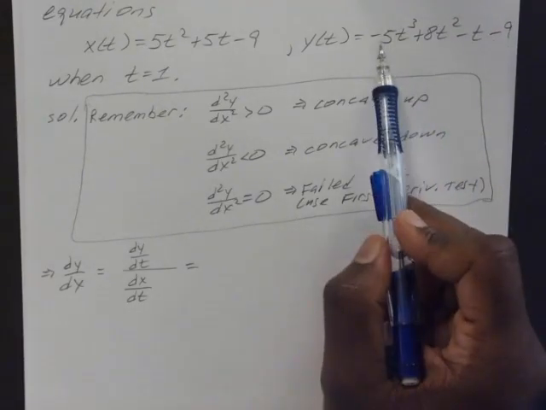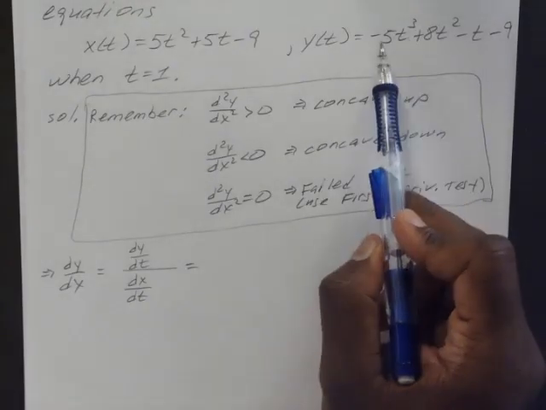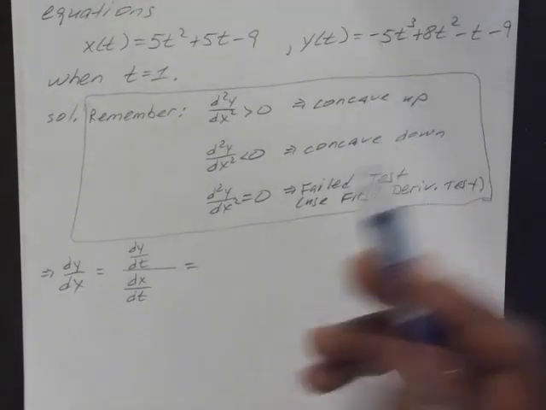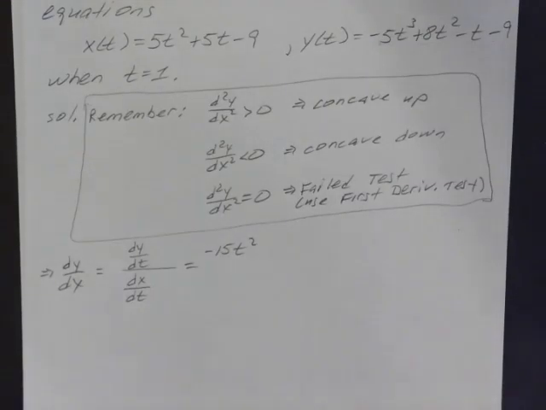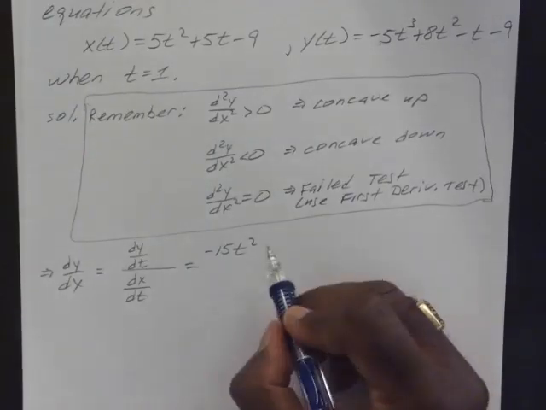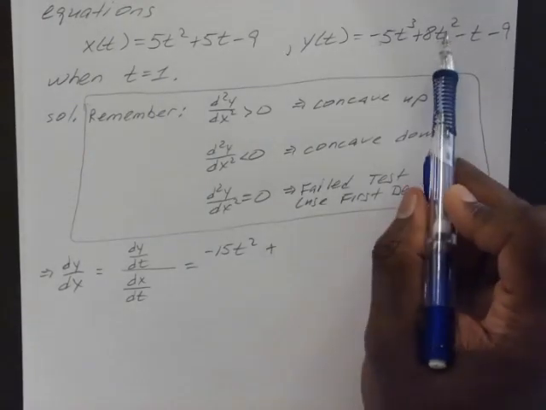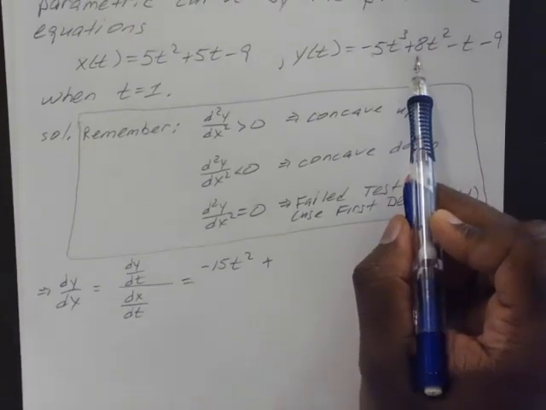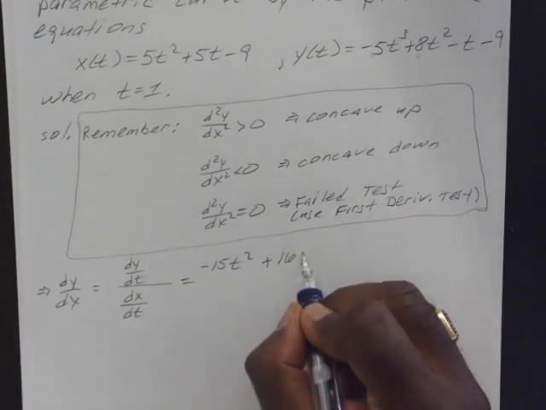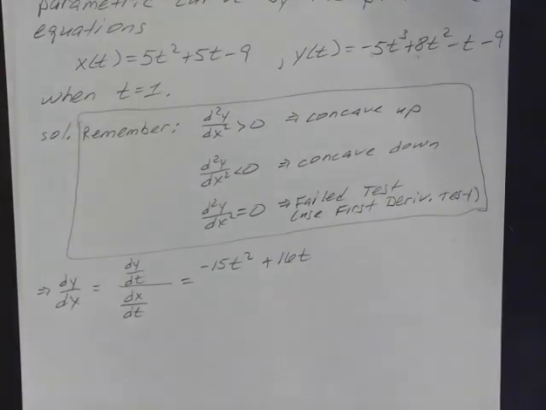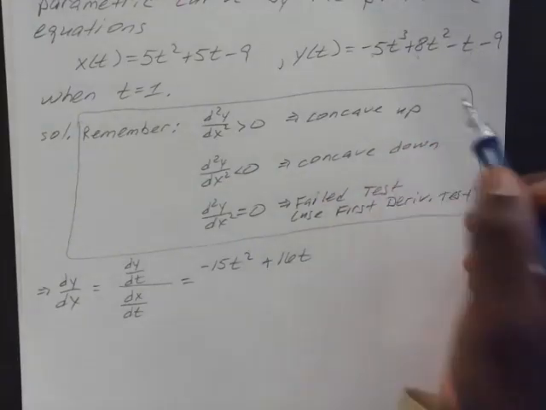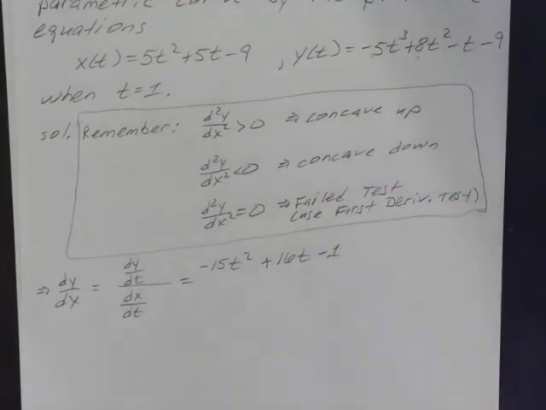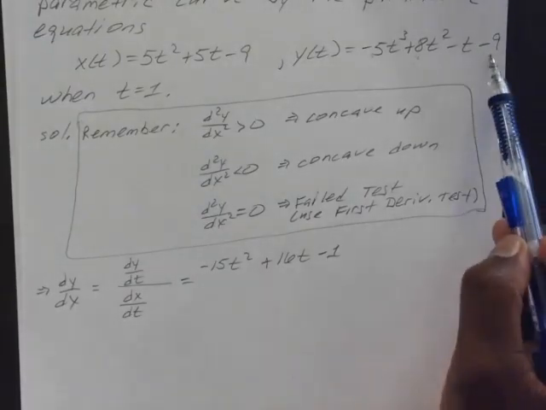So to find our derivative of y with respect to t, we bring down the 3, so that gives us negative 15t squared, plus, we bring down the 2, so that gives us plus 16t, minus the derivative of t, which is just minus 1, minus the derivative of 9.